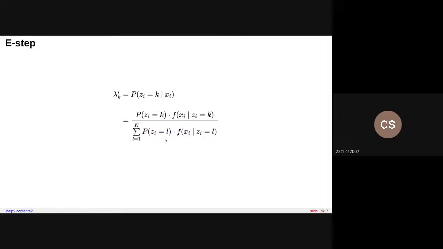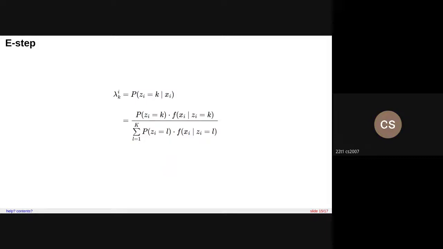So you are doing this normalization, going over all K clusters in the denominator. The denominator is what? F of xi. If you think about the Bayes rule, P of z given x is P of z into P of x given z by P of x. So P of x is what?